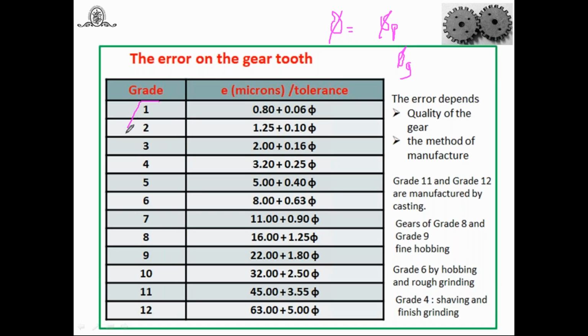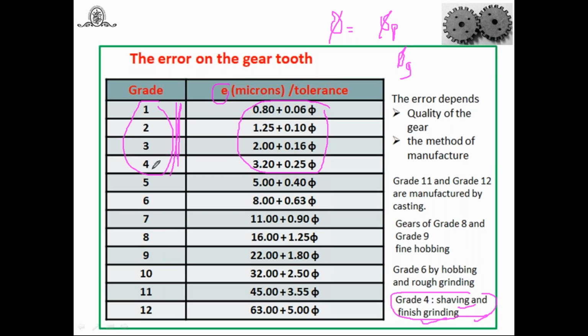Grades 1, 2, 3, 4 are gears manufactured by precise manufacturing processes: finish grinding, then shaving, then lapping. Such operations are performed. When such manufacturing methods are used, you have to use these equations to find out the E. And this value of E is in micron, but in the formula you have to convert micron into mm.